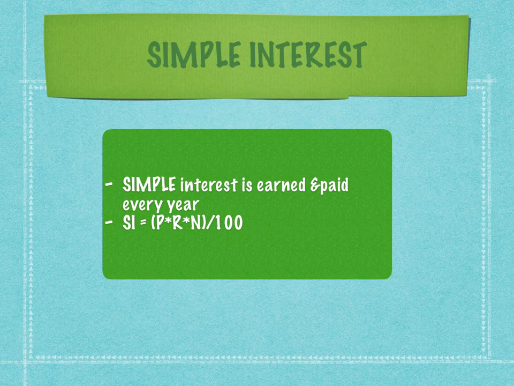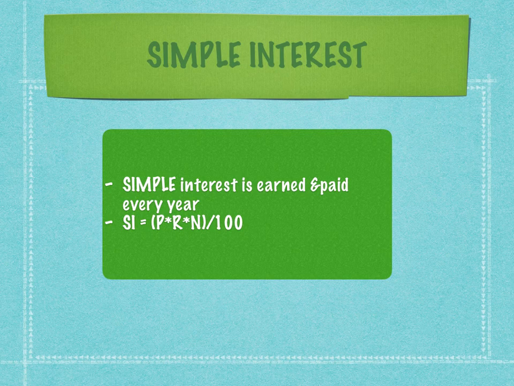The basics is simple interest, which we have learned sometime in 9th grade or 10th grade, or maybe even earlier. Simple interest is earned and paid every year. So simple interest is not just a mathematical calculation, it is also a cash flow from the bank to the depositor.